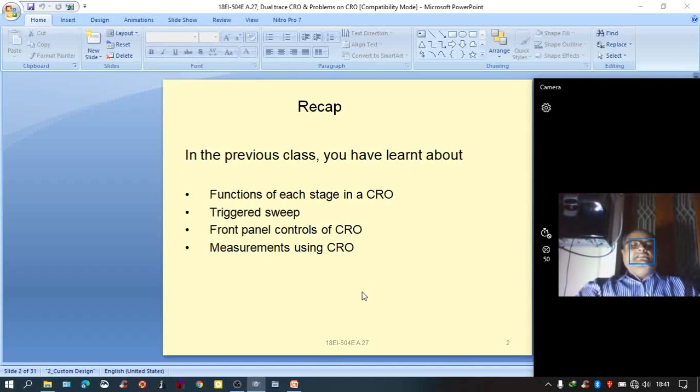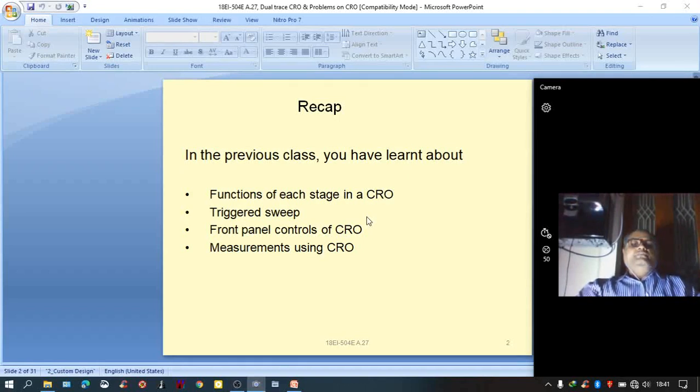The higher the negative voltage on control grid, the lower is the intensity of electron beam. The lower is the negative voltage on control grid, the higher is the intensity of electron beam.